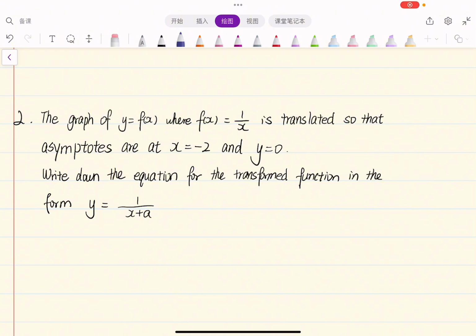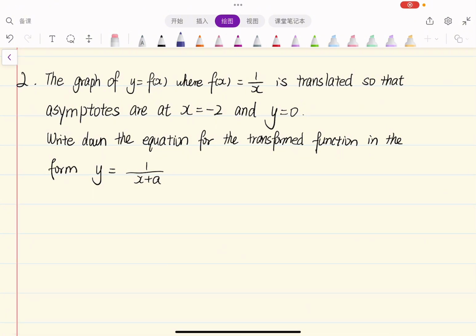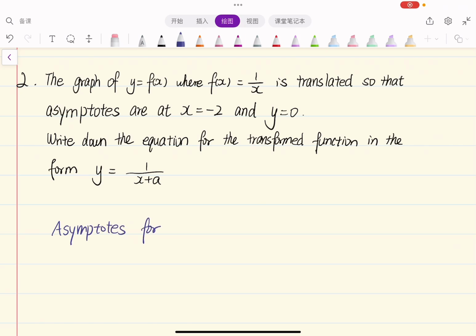We have learned that when you translate a graph, the asymptotes are also translated. So you know that the asymptotes for 1 over x, for f(x), are x equals 0 and y equals 0.